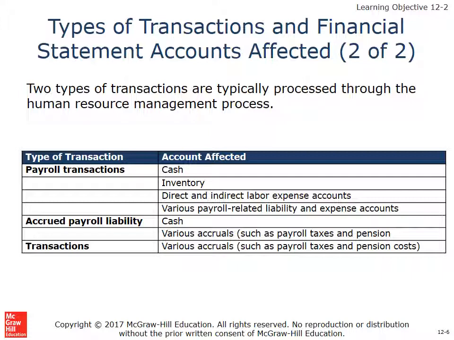You may have inventory involved if it's a manufacturing company. You need to worry about direct and indirect labor expense accounts and various payroll-related liabilities such as federal income taxes payable, Social Security payable, unemployment payable. When it comes to the accrued payroll liability, the cash account may be involved. There may be various accruals, even for employee benefits. And then there's the transactions, various accruals.